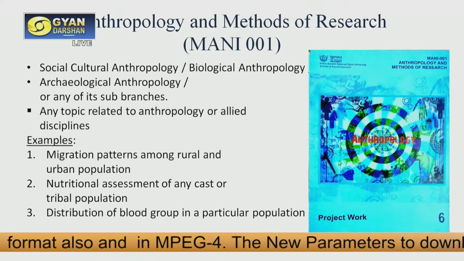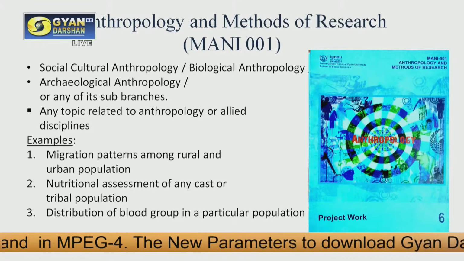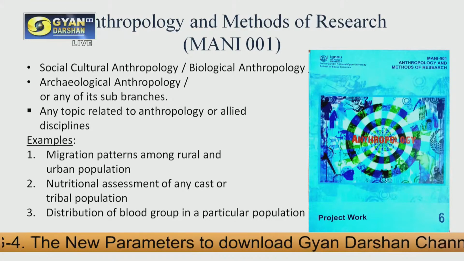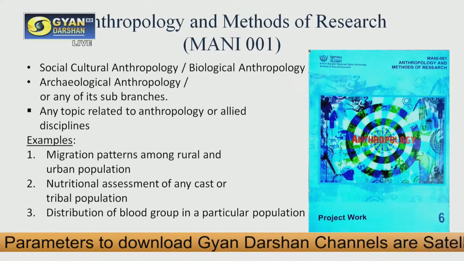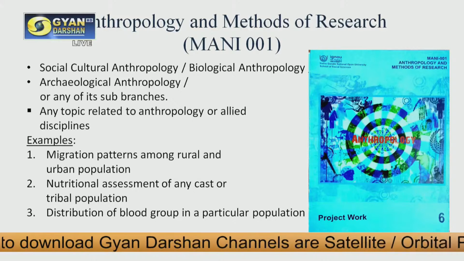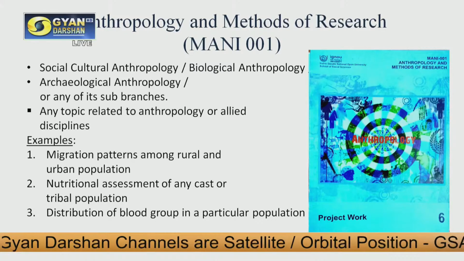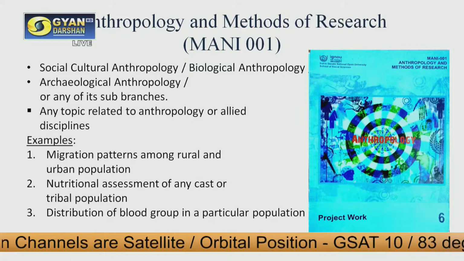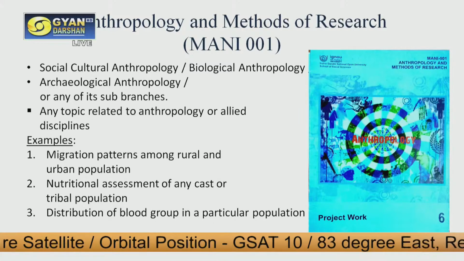And there are 6 blocks in this course. The block 6 details are available about the project, how to make a project, how to submit a project, everything is available there.